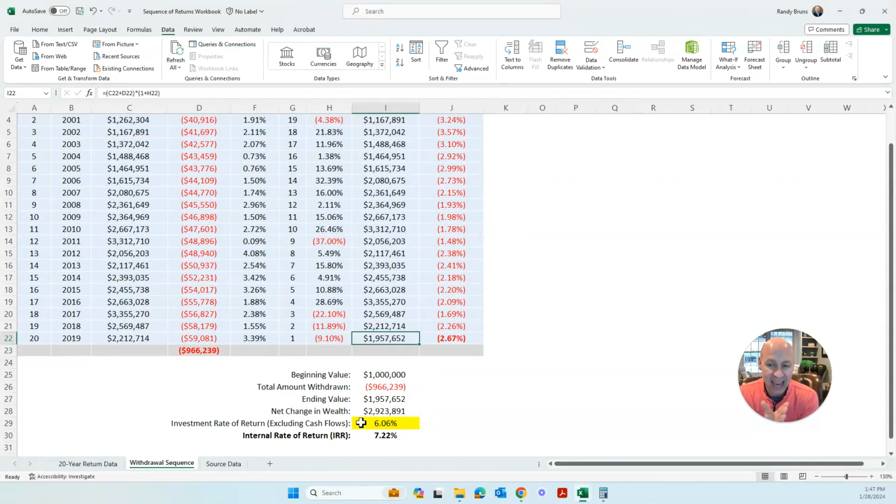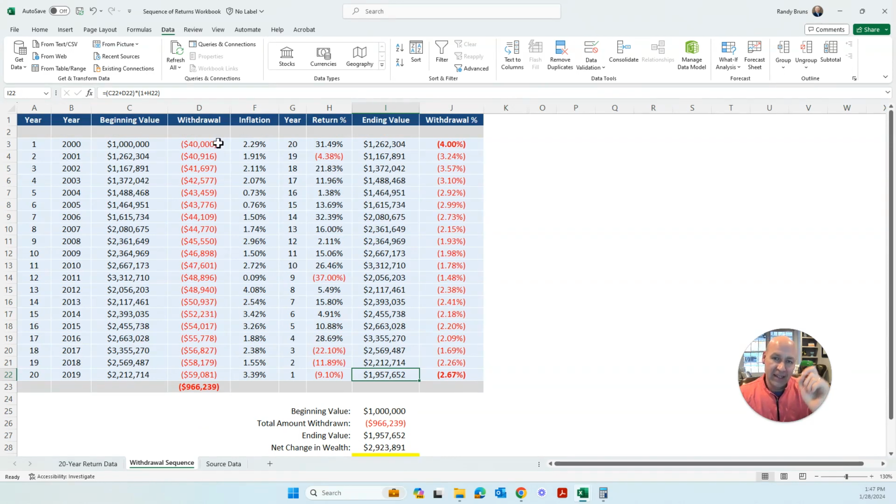Nothing happened to the average investment rate of return. So if you were on the moon for this 20-year period, you got a 6.06% average. But because you're pulling from it, the sequence of how returns play out can have a big impact on your ending wealth. So you get a 7.22% internal rate of return.